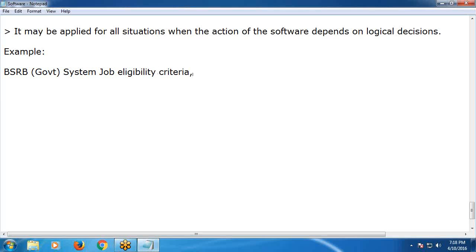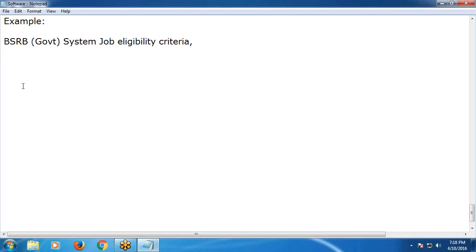Observe here, Rahman, the requirement is candidate age, where there are other eligibilities also, like qualification, etc. Now we are focusing on age.